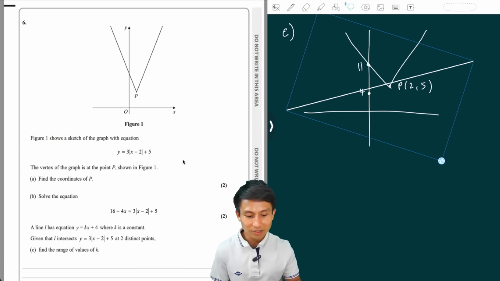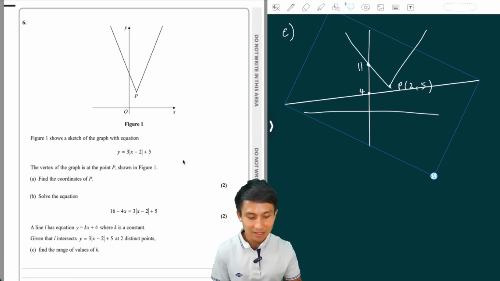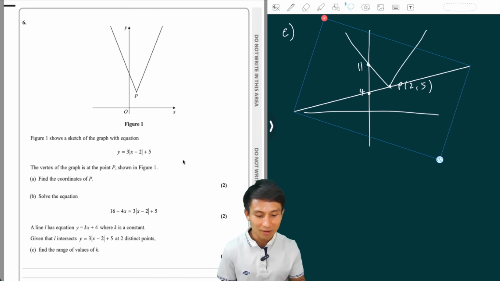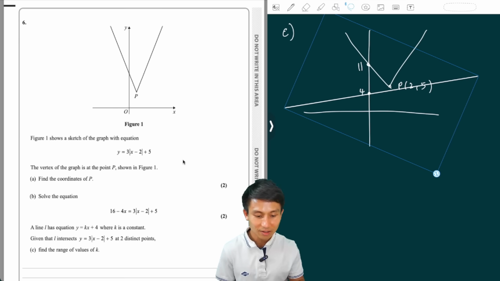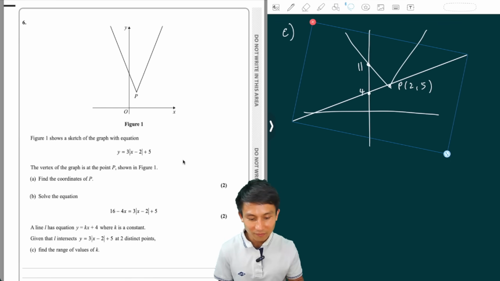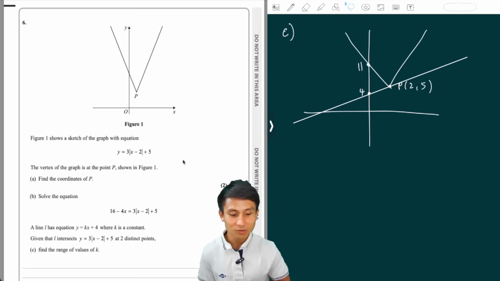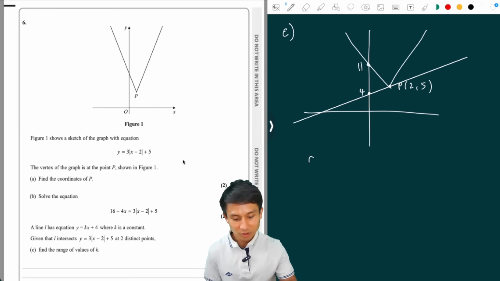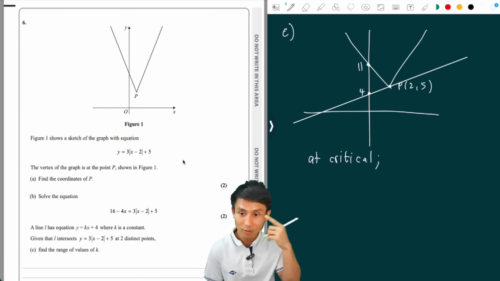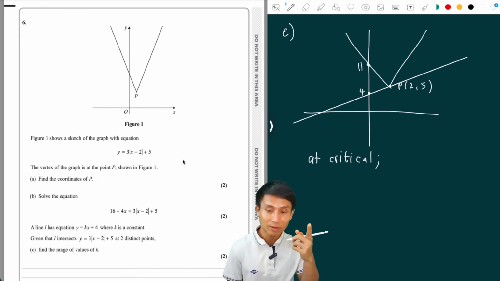But if you have a smaller gradient than when it cuts exactly at the vertex, it doesn't cut at all. So that is the critical point we need to find. At critical, it's cutting only 1 point.